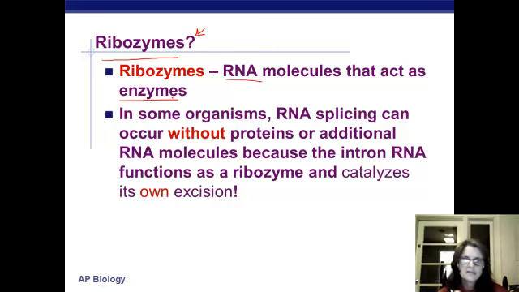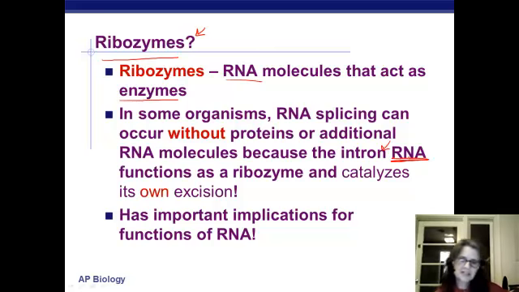In some organisms, RNA splicing can occur with no protein whatsoever, because the intron, the junk RNA, can actually cut itself out because it's functioning as its own enzyme to cut itself out. It's pretty staggering.